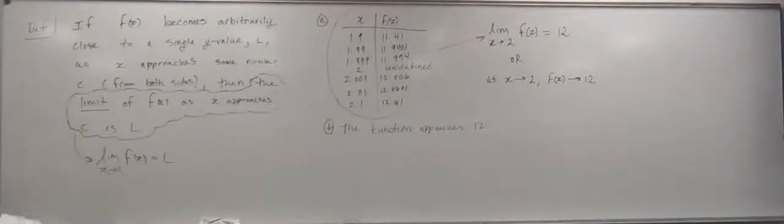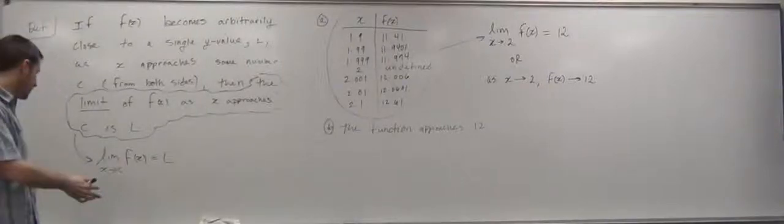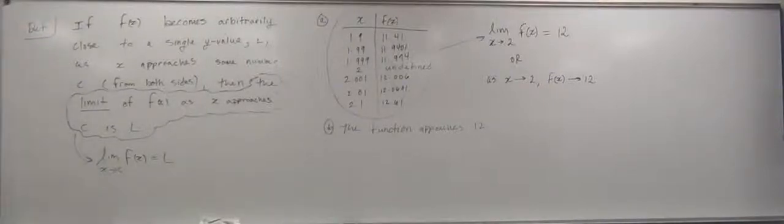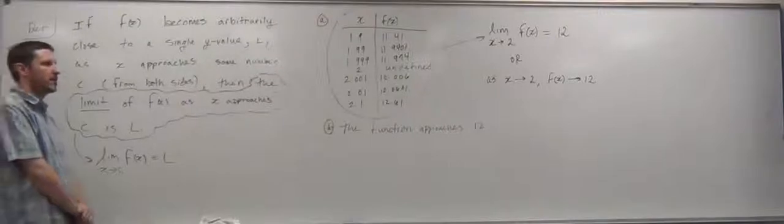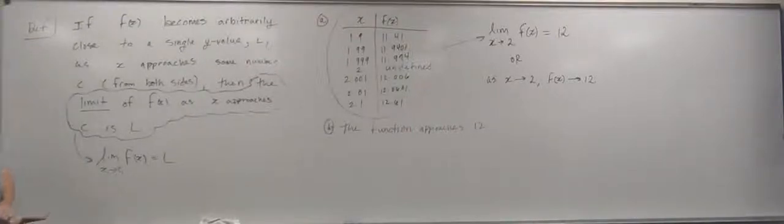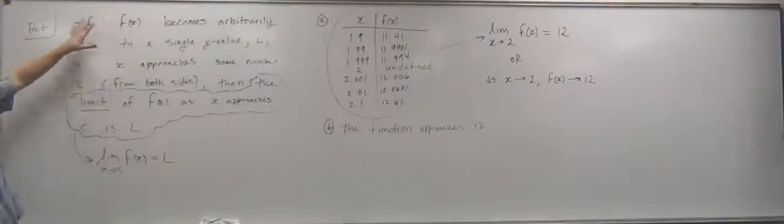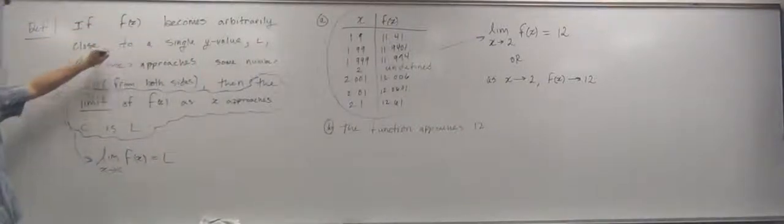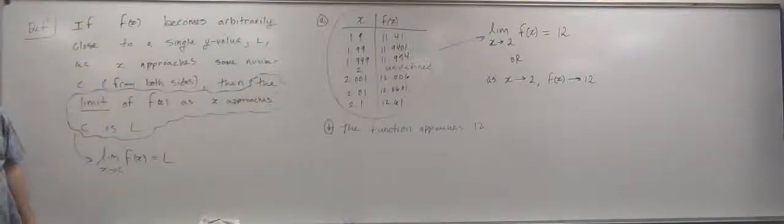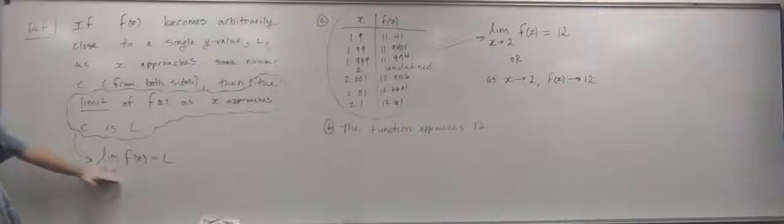I'll do however many examples I can do today, and then more of them next time I see you. To get this idea. But let me make sure you kind of get the language here. If f of x becomes arbitrarily close to a single y value L, as x approaches some number c from both sides, then you can find this limit.